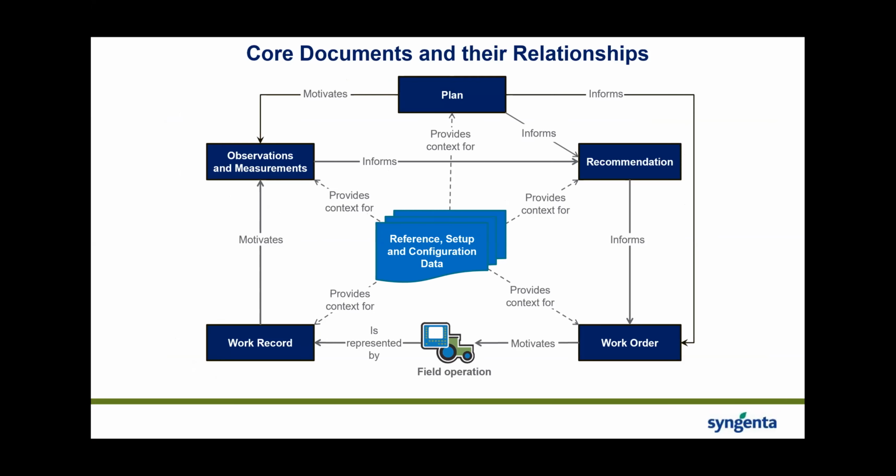Going back to our core documents, the way that this has been modeled is saying, well, these core documents typically refer to a set of resources like pieces of land and pieces of equipment and people and variables and so forth, in what we call reference, setup, and configuration data, three sorts of categories.